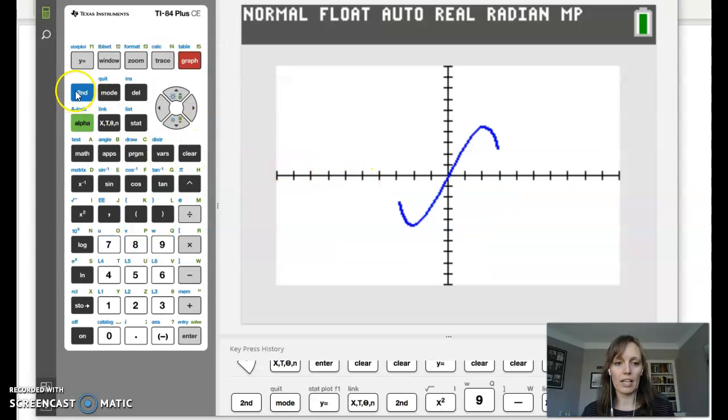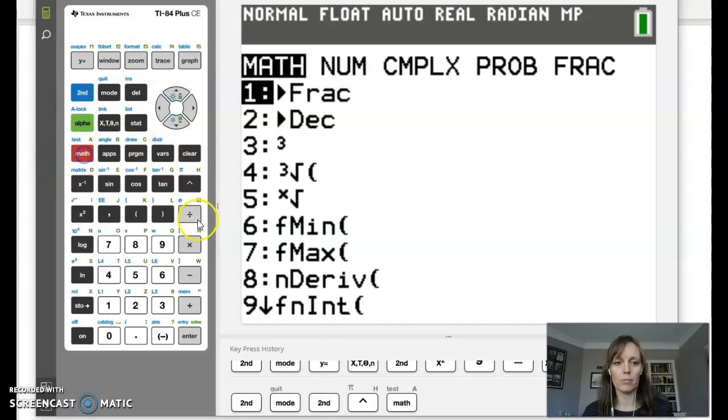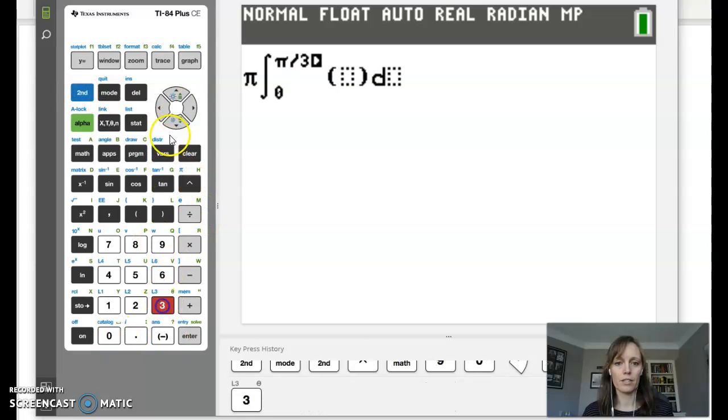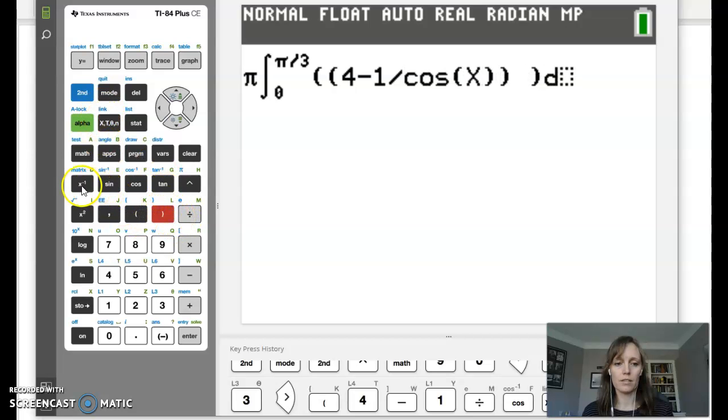So we've got pi times the integral, remember that's math and option 9, from 0 to pi over 3 of 4 minus secant, which we would enter as 1 over cosine of x, squared.